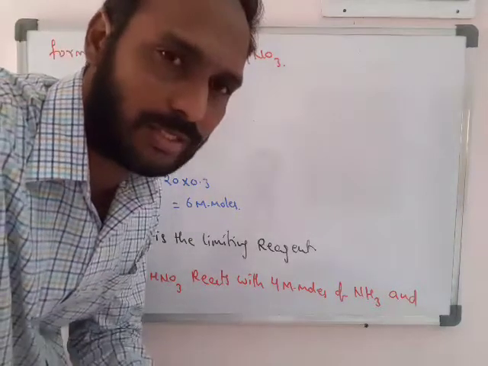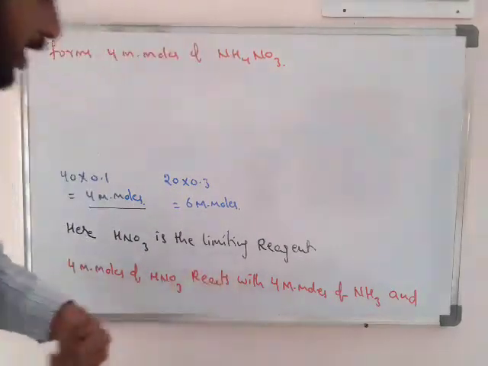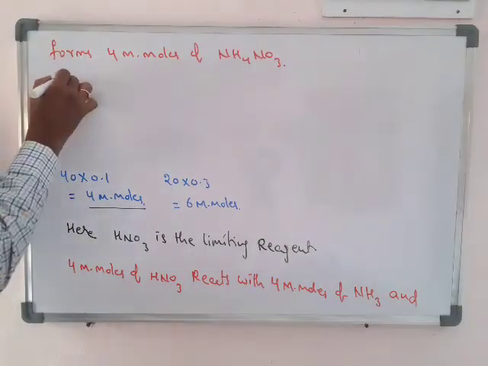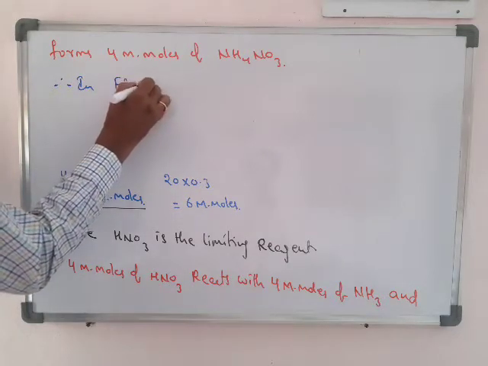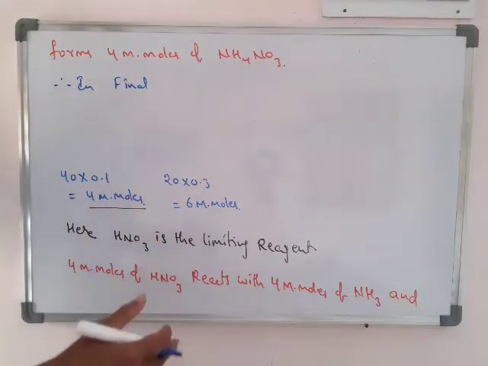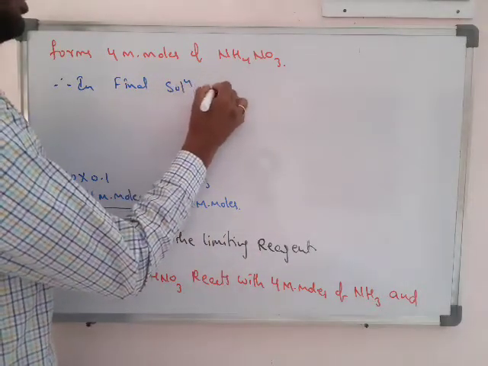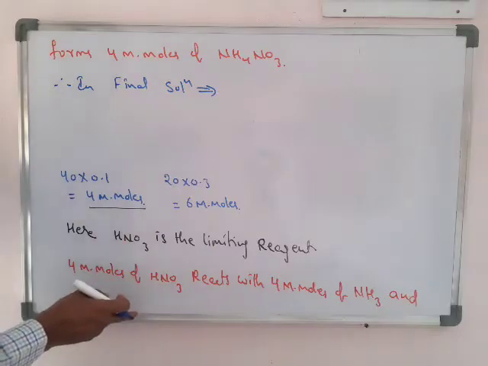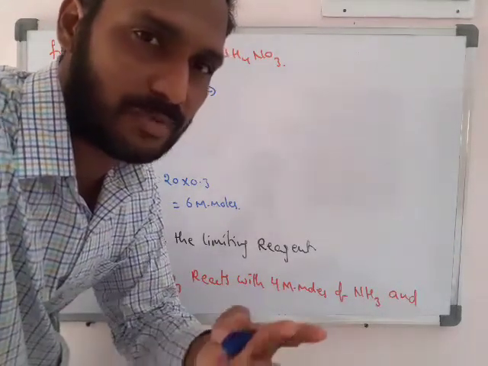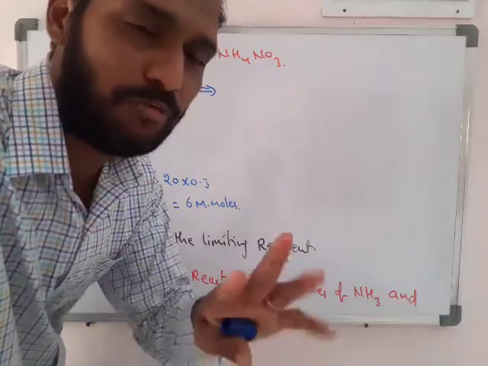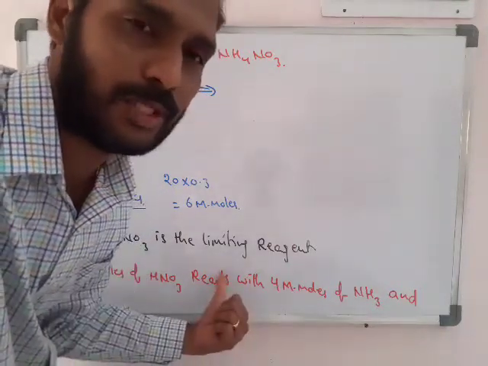So this is the information we got. Therefore in final solution, means after completion of the reaction, 4 millimoles of HNO3 reacted, and 4 millimoles of ammonia reacted.